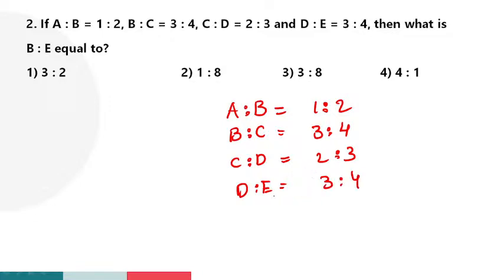So find out the B is to E value, guys. Which option is the right answer? I think no need for pen and paper, guys, here. First read the question properly. Very good. Somebody is saying the answer is 3 is to 8, guys, here.